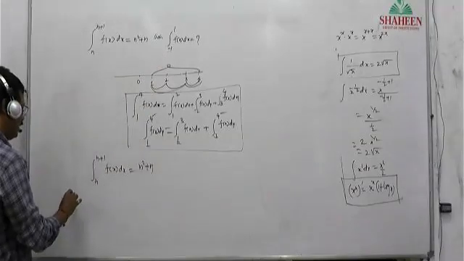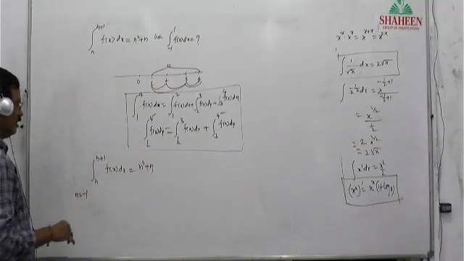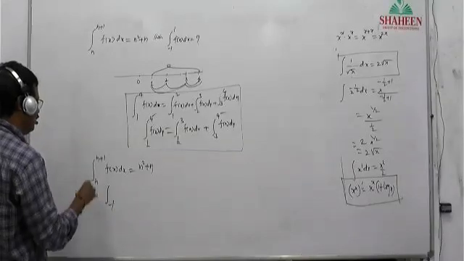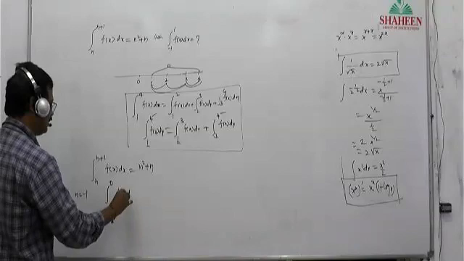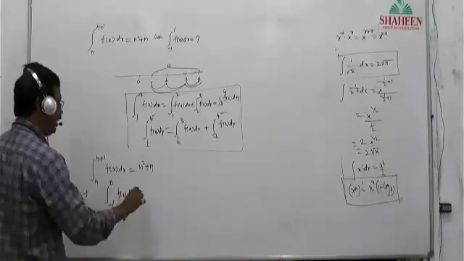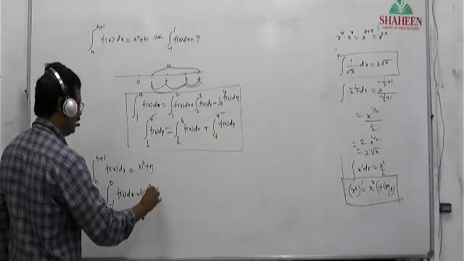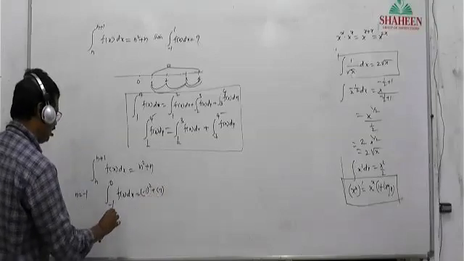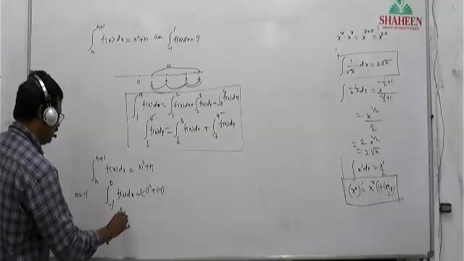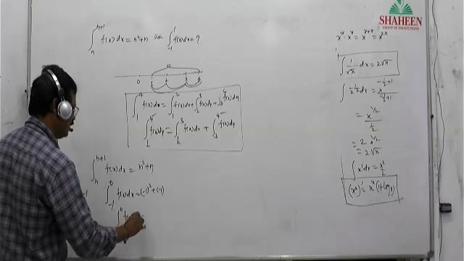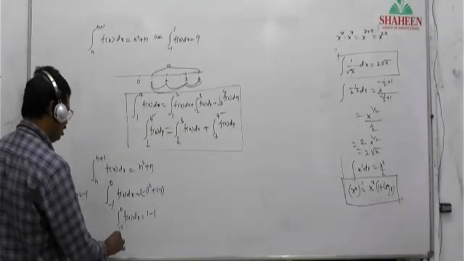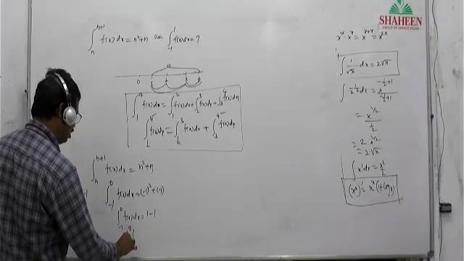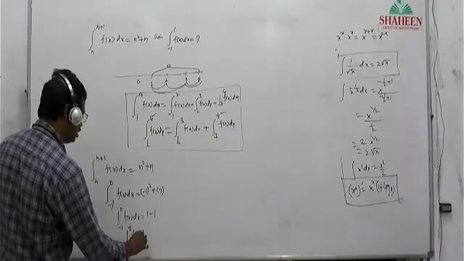I am taking n equal to minus 1 in this. Then what we get is the integral from minus 1 to minus 1 plus 1, which is 0, of f x dx, equal to how much? Put n equal to minus 1. Therefore, minus 1 to 0 of f x dx equals minus 1 squared plus minus 1, which is 1 minus 1, 0. We got 0.